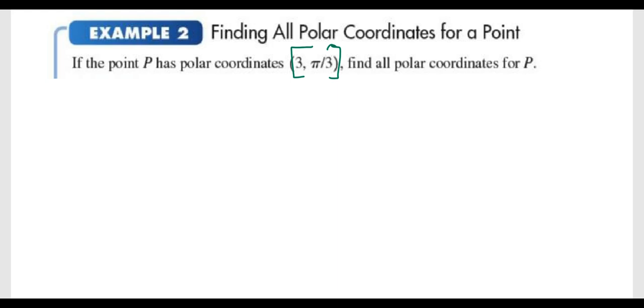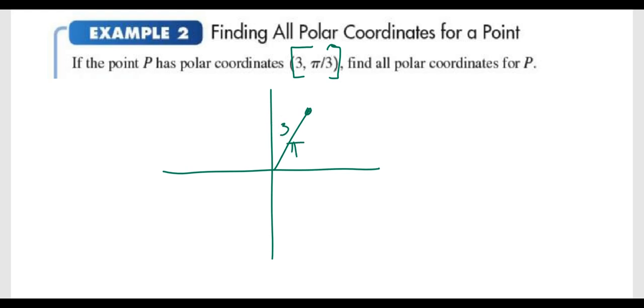They're saying that there are other polar coordinates that have that same location. Okay, so let's think about this. So pi over 3, and you walk out 3 units to get to that. So that is one way to get to that point P.